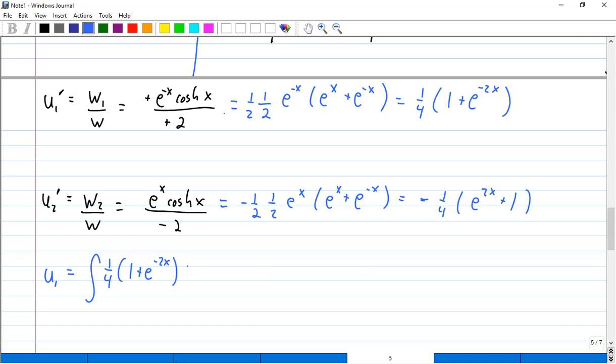And so that's, again, really easy. u sub 2 is going to be the integral of negative 1/4 times e to the 2x plus 1. And both of those are with respect to x, of course. That's the only variable we have. So this is going to be 1/4 times x, and then what?